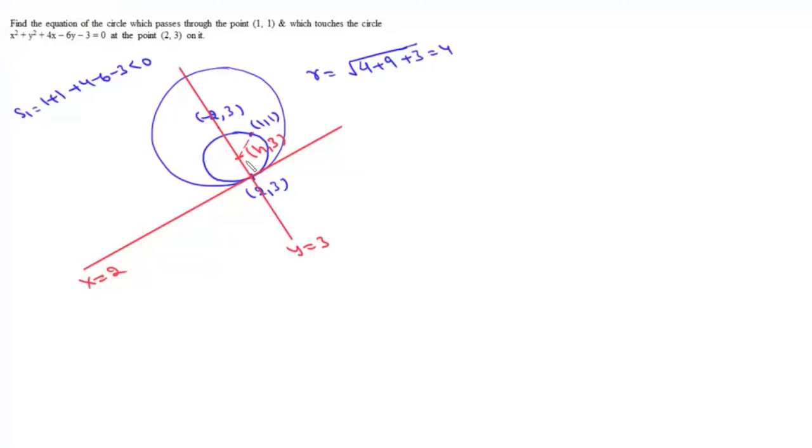Now we have to find the value of h. Now these two distances will be equal, so we can simply write h minus 2 square plus 0 square will be equal to h minus 1 square plus 4. So this is h square plus 4 minus 4h, and h square plus 1 minus 2h plus 4.